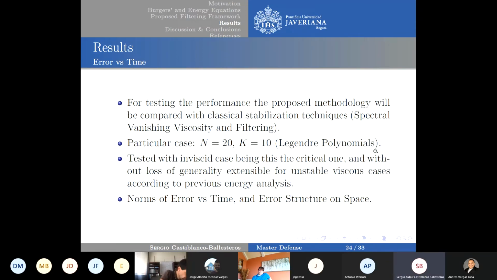It will be tested with the implicit case, being in this case the critical one, without loss of generality, extensible to unstable viscous cases, according to the previous energy analysis. I will present the error norm versus time and error structure in space for the final time step.